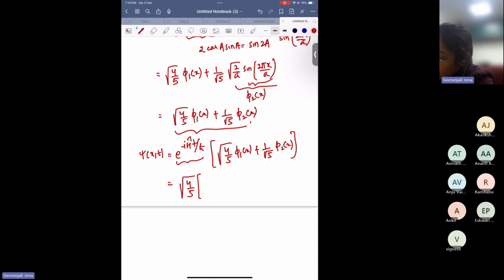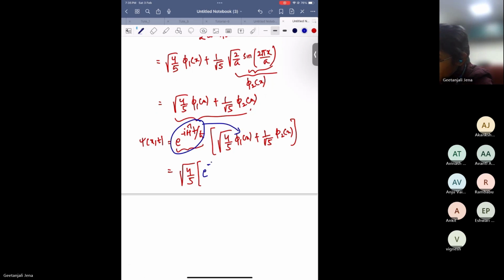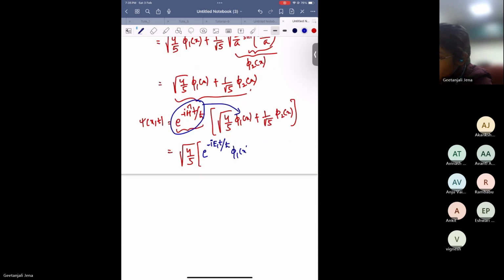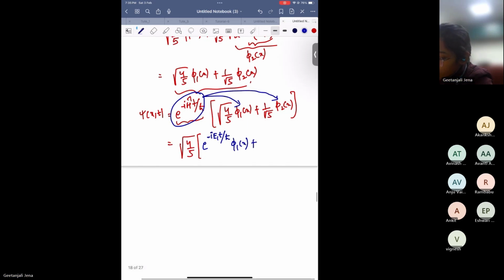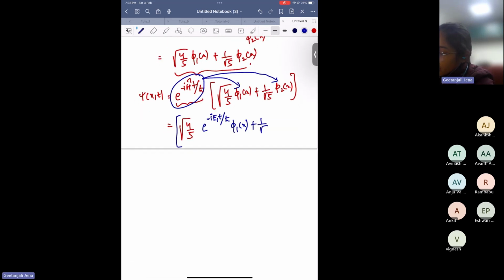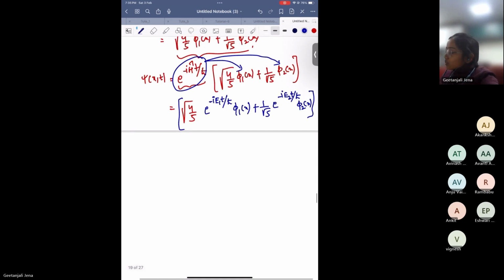When this acts on the phi 1 state, it will factor out the energy of that state, and when it acts on the other term, it will be 1 by root over 5 e to the power minus i E2 t by h cut phi 2 x. So this is the final form of the time evolution.